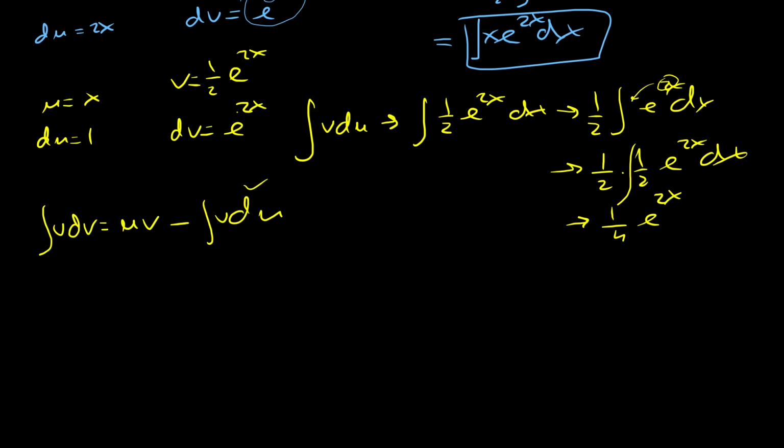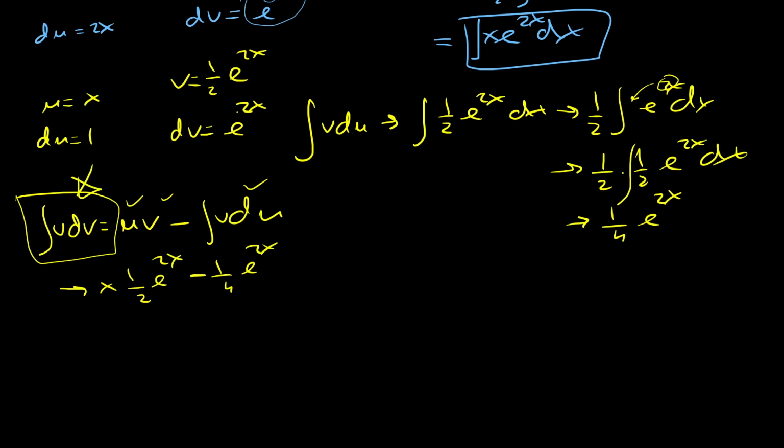So we need to find the expression for this one. So uv, that's x times 1/2 e^(2x), minus 1/4 e^(2x). So this is this whole expression.